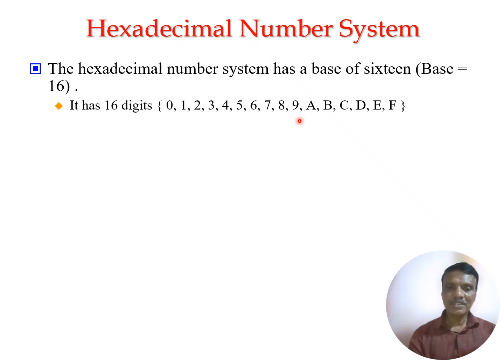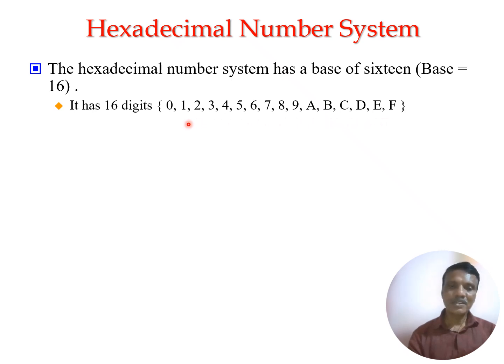Then, instead of 10 as we say in normal life, here we use A, B, C, D, E, F. A represents 10, B is 11, C is 12, D 13, E 14, F 15.